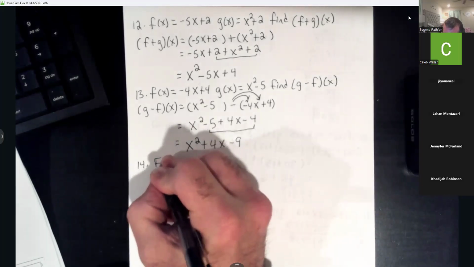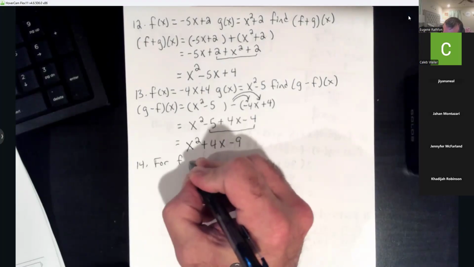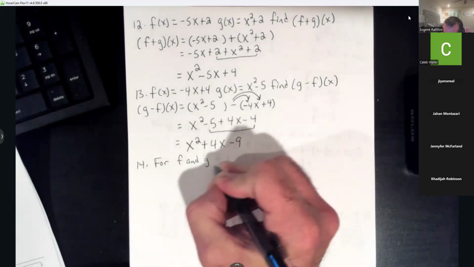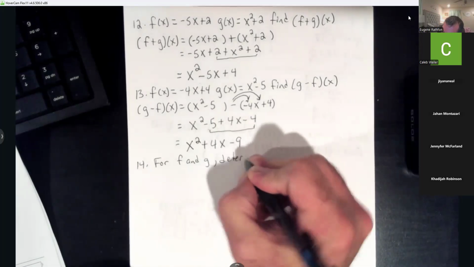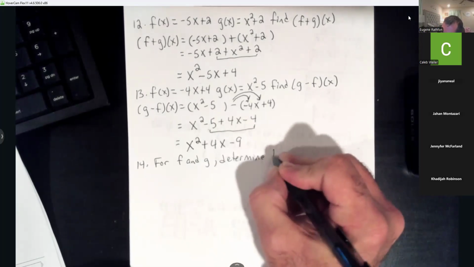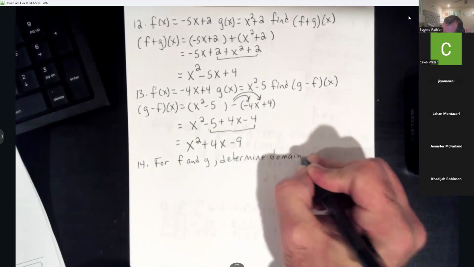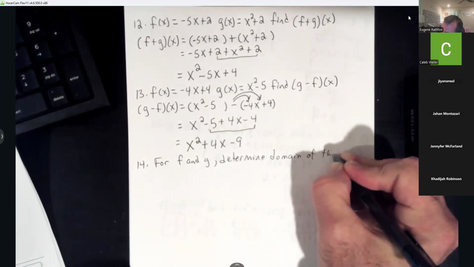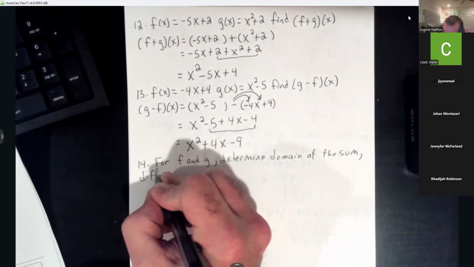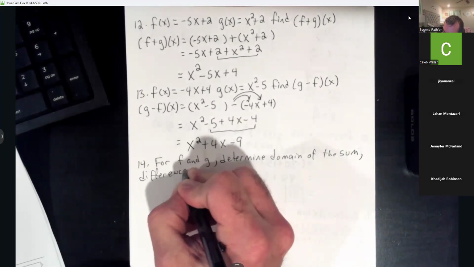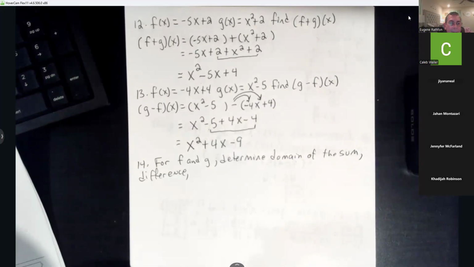All right, so for this one, for f and g, determine the domain of the sum, difference, and product.